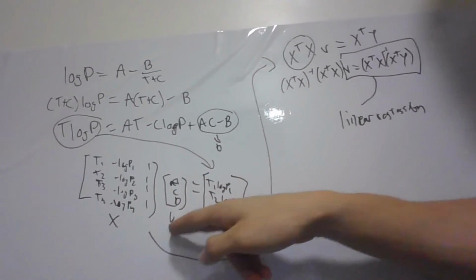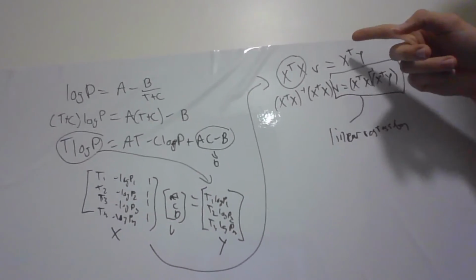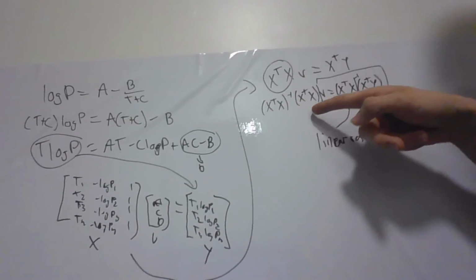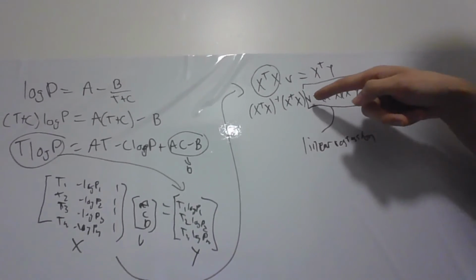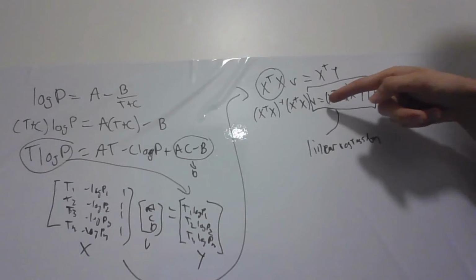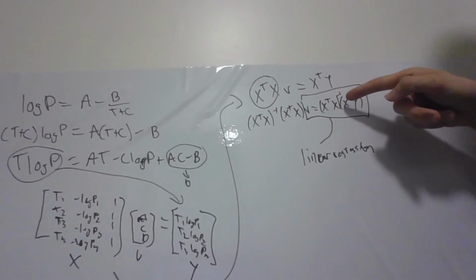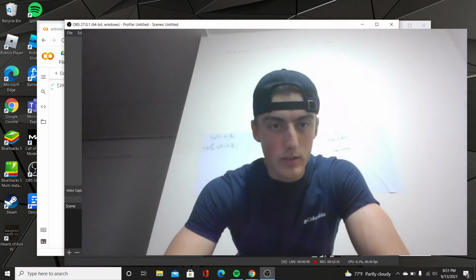Label them x, v, and y, and then multiply by the transpose on each side, and then multiply by the inverse on each side, and then everything cancels. We're left over with v equals x transpose times x inverse, and then x transpose times y. Alright, now back to the code.